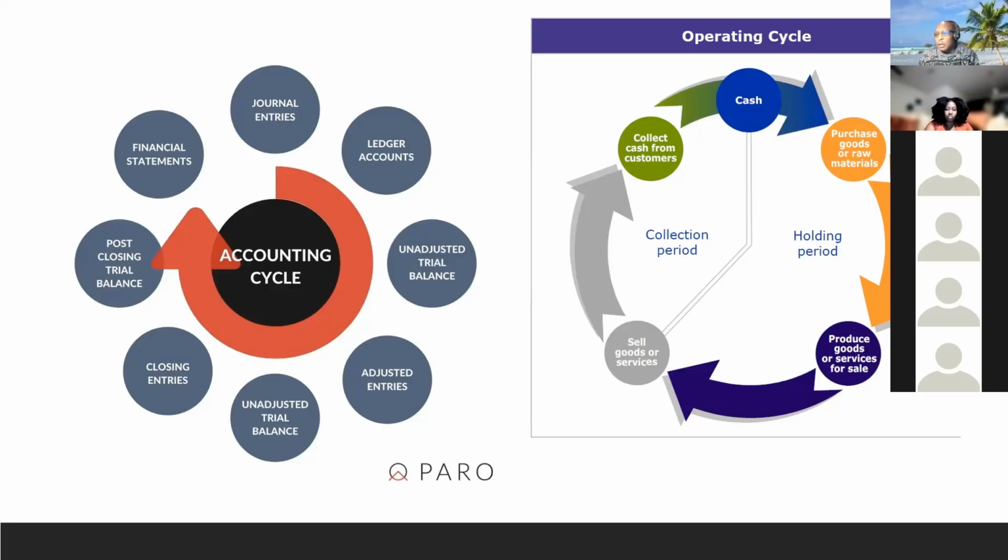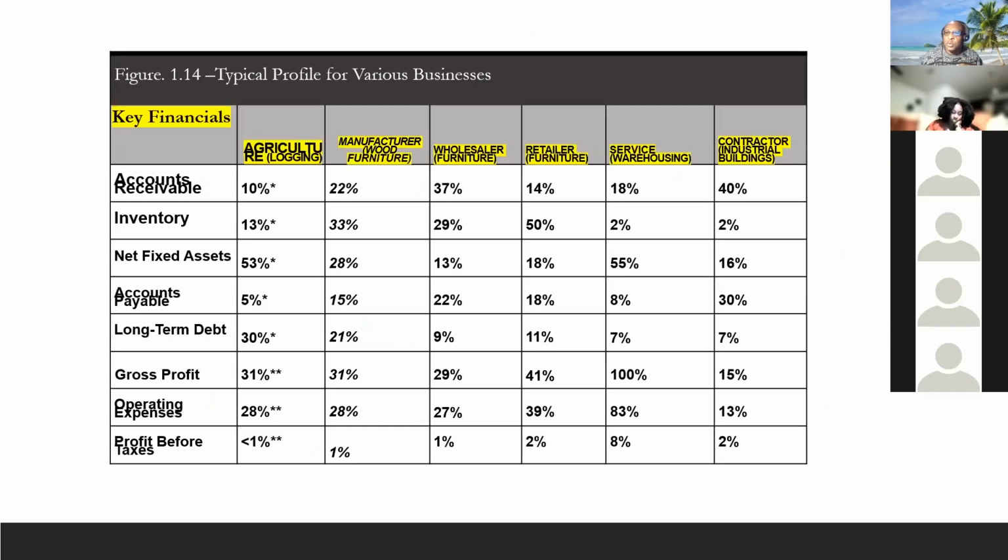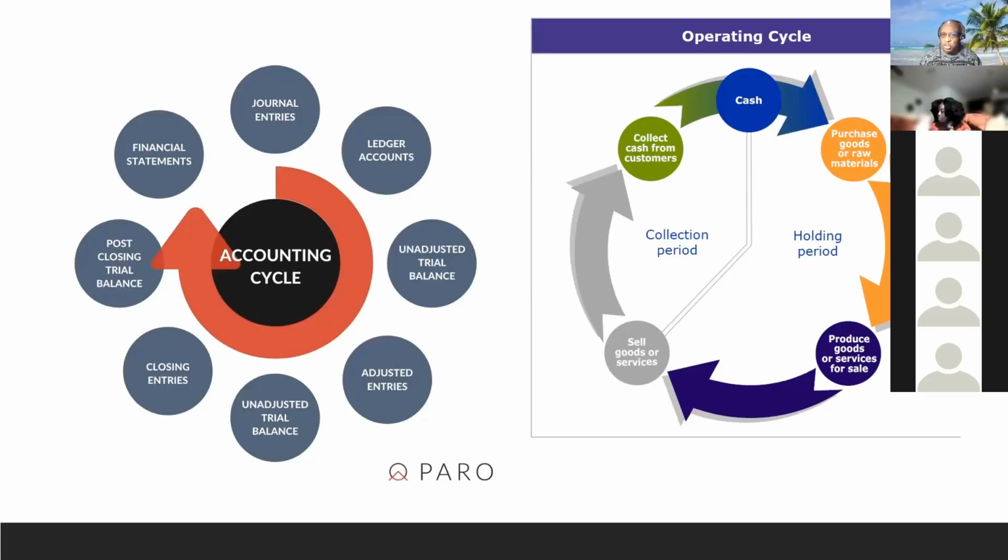So we are going to learn how to calculate the operating cycle. If you've done finance or done two semesters of accounting, you probably already know how to do that. But that is, in essence, what the operating cycle is all about. Like I said, your textbook gives you specific examples for each type of industry.